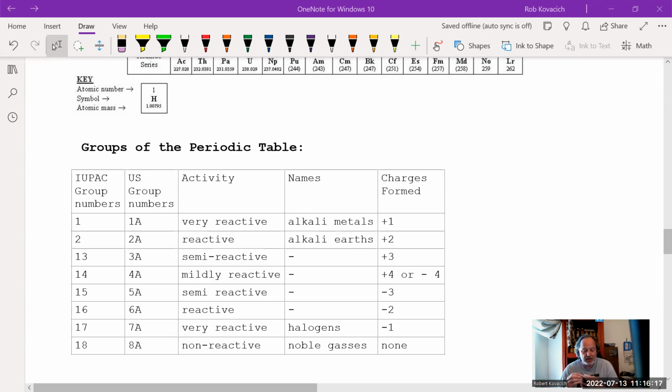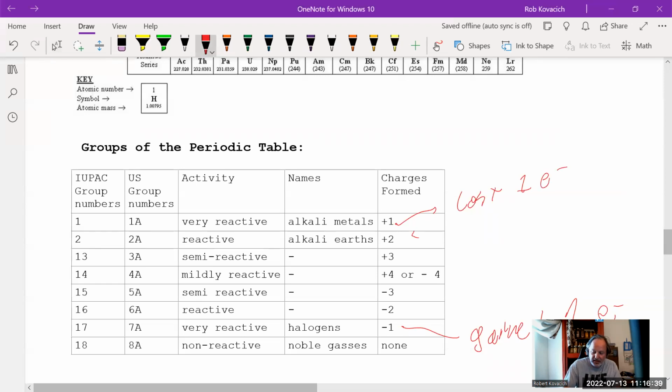The one thing that they're trying to do for the metals is give away an electron, and the one thing that they're trying to do for the halogens is gain 1 electron, which is why in the formal charges you can see this guy's charge is a +1 and that one's a -1, meaning you've gained 1 electron, and this is lost 1 electron.